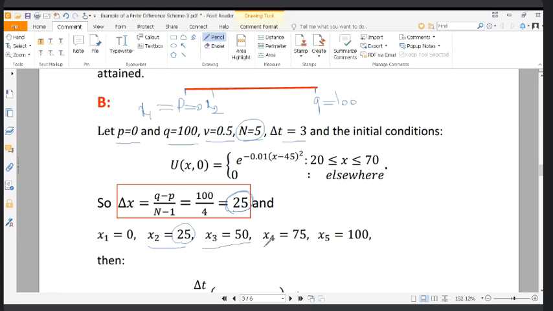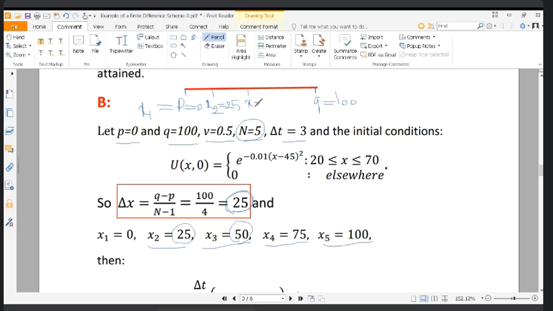For the next point X4, we have 50 plus 25, which is 75. And finally, for the end point X5, we have 75 plus 25 is 100.